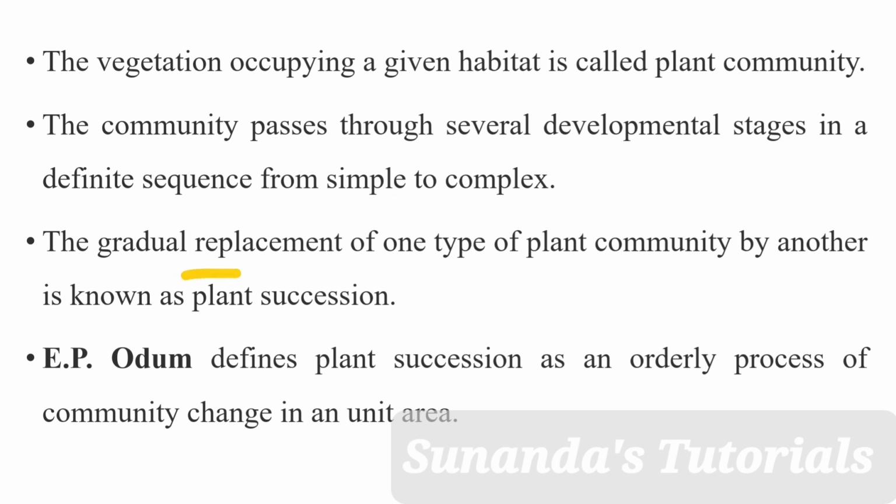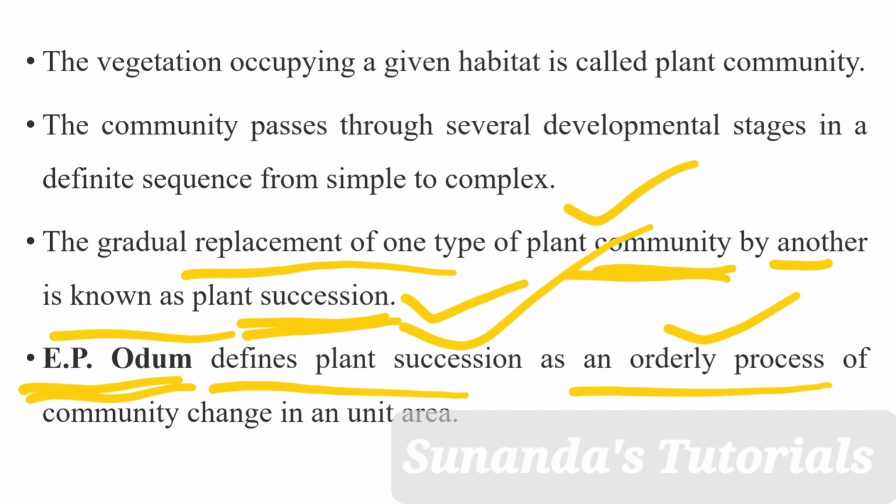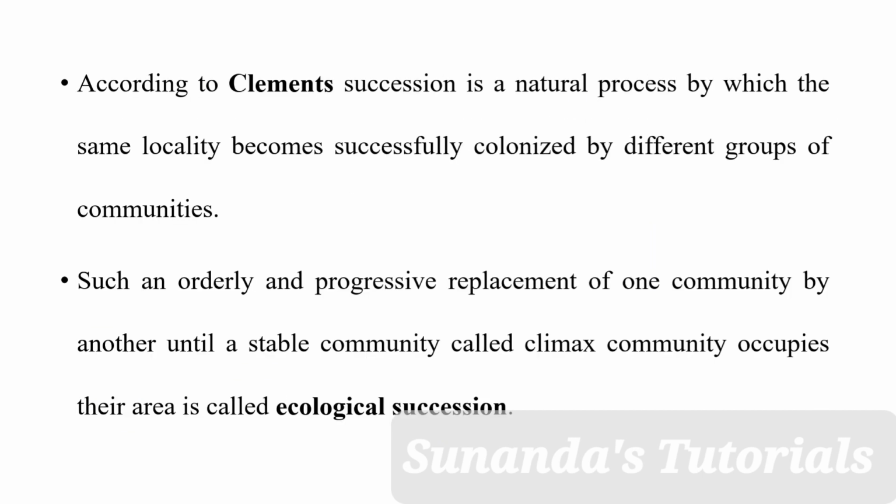The gradual replacement of one type of plant community by another is known as plant succession, and it is a gradual change. E.P. Odum defines plant succession as an orderly process of community change in a unit area. It occurs in a definite area, and it occurs in an orderly manner.